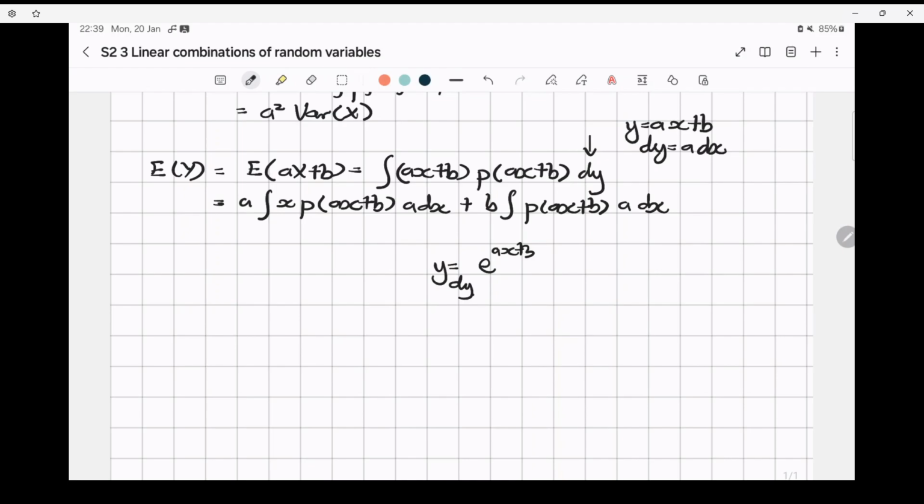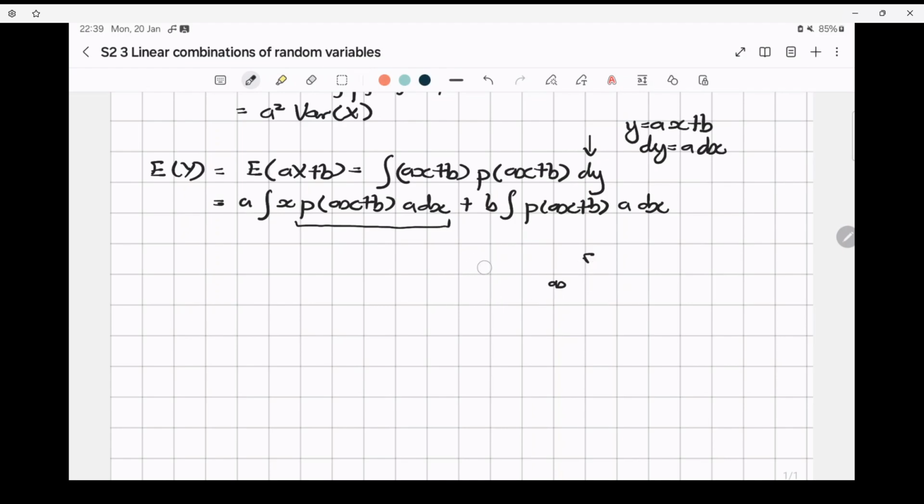So when you differentiate this, you would get ax plus b. Okay, so now you are just reversing the process, and take note that this particular whole thing is just integrating as normal.